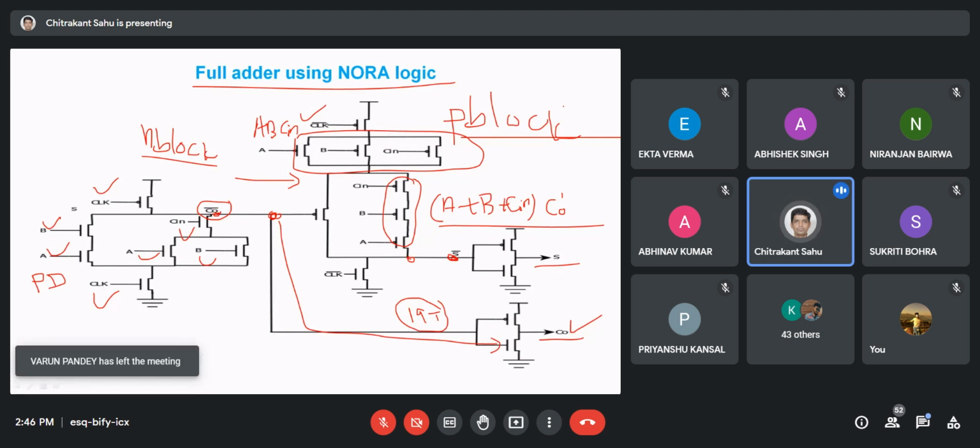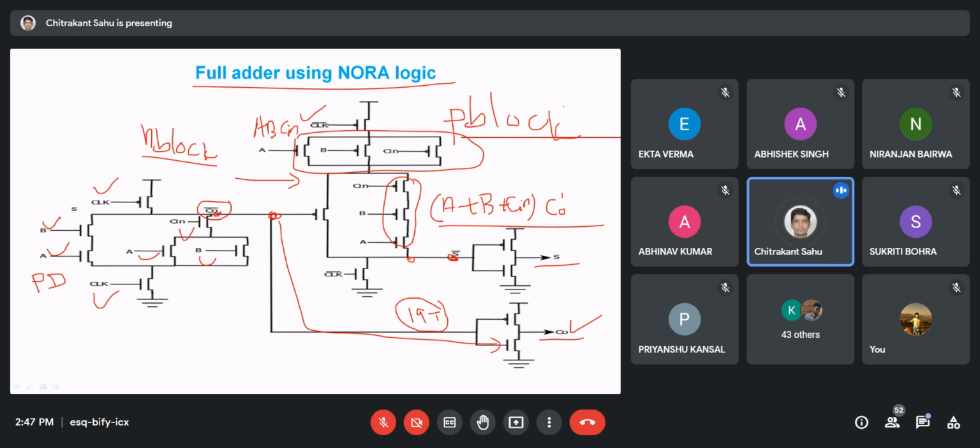So this way you can analyze n number of networks and n number of combinational logics. Any combinational logic you can realize using domino logic or NORA logic or dynamic logic or static logic. Okay, are there any questions? I'm going to end my presentation here.